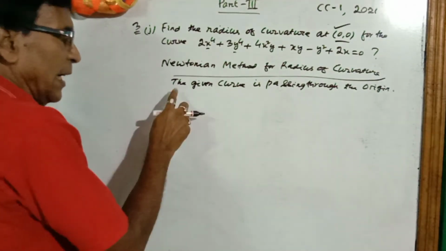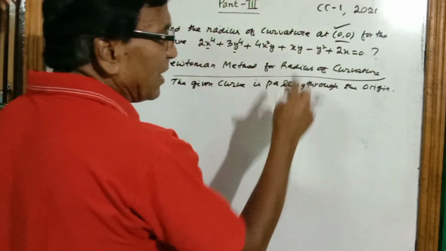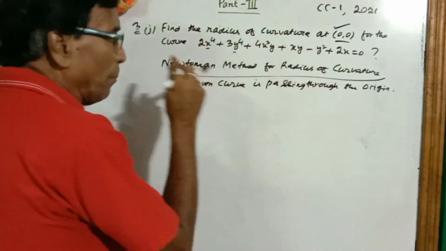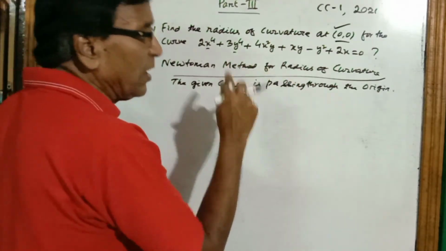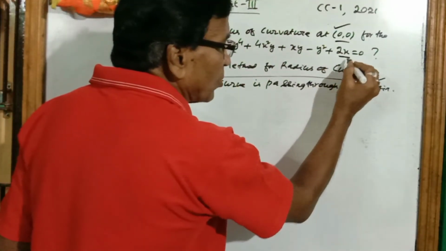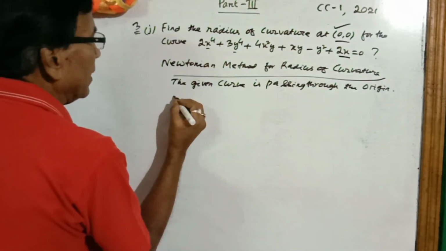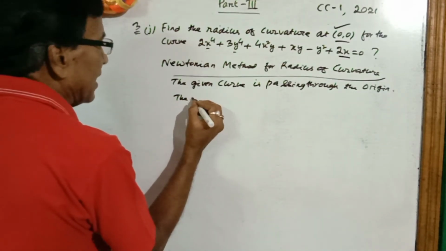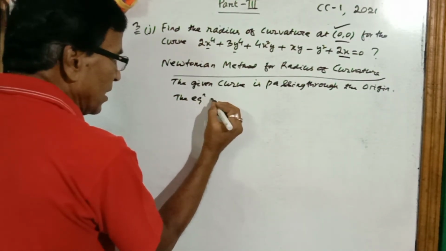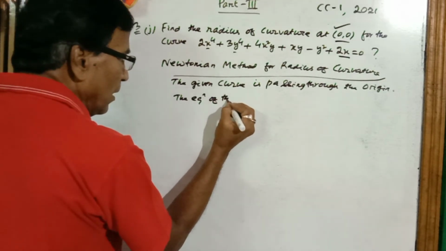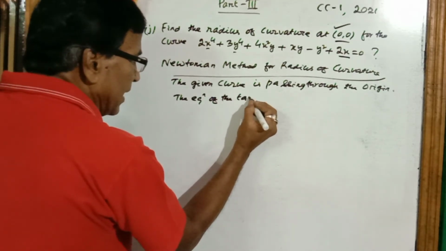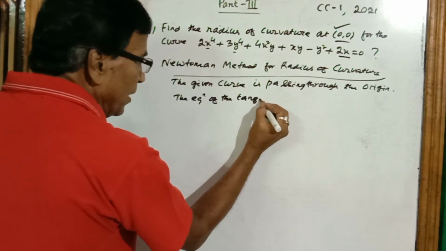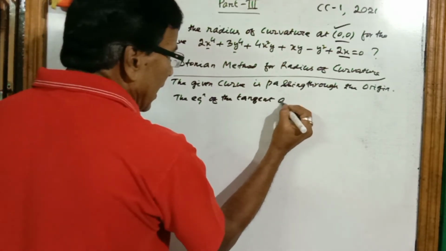We know that the equation of the tangent at the origin can be found by equating the lowest degree terms.